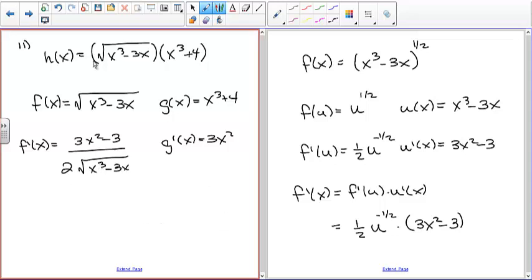Okay, so then you can use the product rule, which says, in this case, the derivative of the original function is going to be f of x times g prime of x plus f prime of x times g of x. So here we have the second part derivative times the first, derivative of the first times the second.